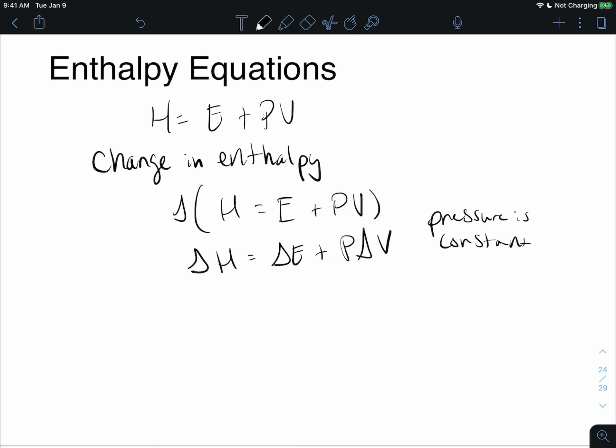So our P will not have a delta in there because that delta indicates that you have a change. All right? Now, we can hopefully remember that work can be in terms of pressure and volume.